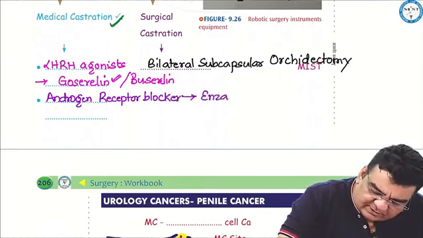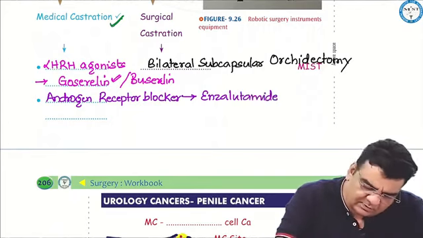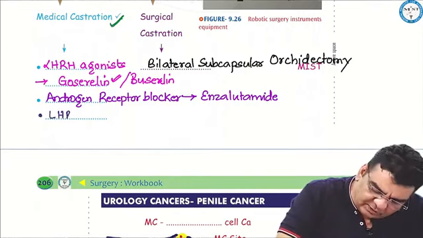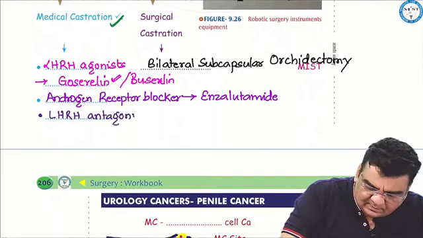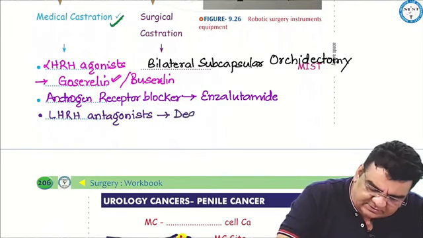Like enzalutamide. We can use LH-RH antagonist also. Like Degarelix.